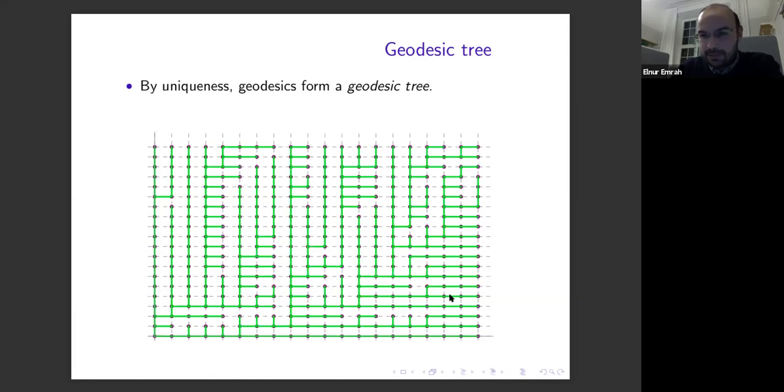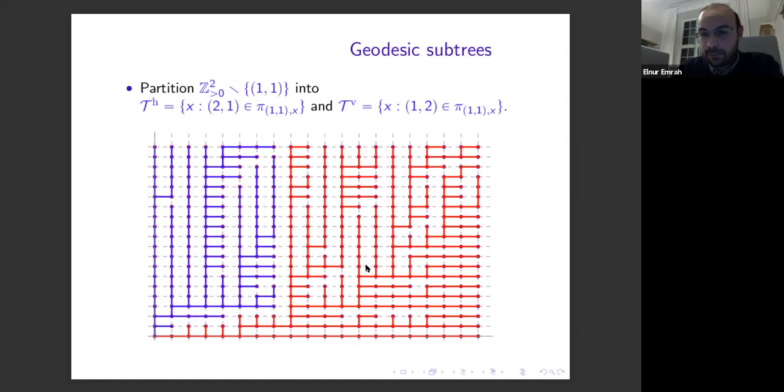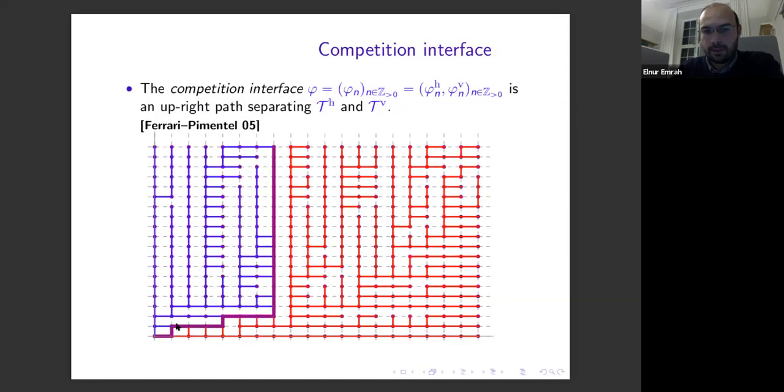Now I will divide this geodesic tree into two parts, into a red tree and a blue tree, depending on how they are connected to the root here. So the red tree is connected through a horizontal edge, while the blue tree is connected via a vertical edge. Now we can separate these two trees by a lattice path called the competition interface.